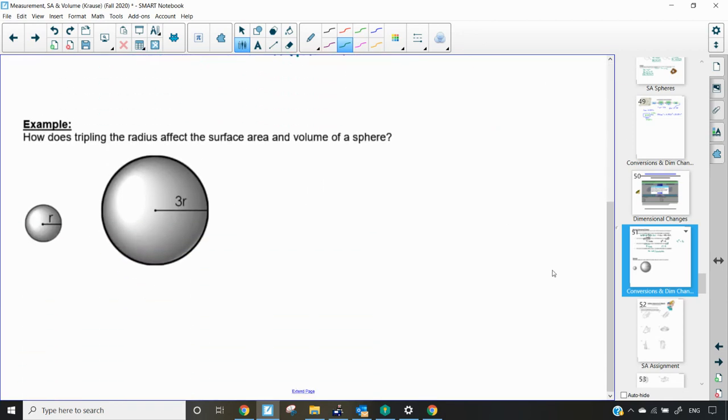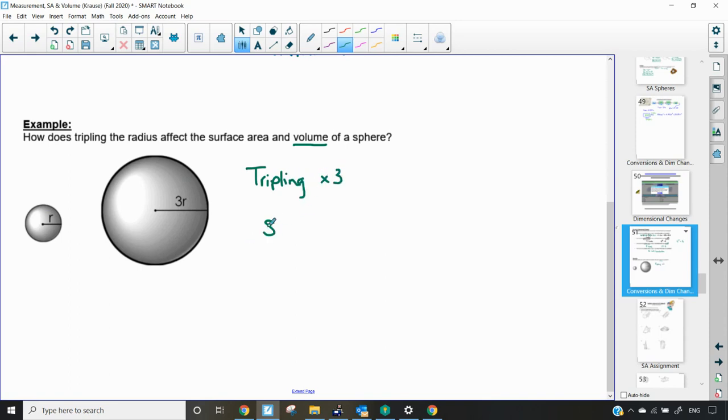All right, so one last example here. We're asked, how does tripling the radius affect the surface area and volume of a sphere? Now, we haven't got into volume yet, but I want you to use what we already know to predict what it might be. So when we're looking at surface area here, we have a radius of r and a radius of 3r. Tripling means that we're multiplying by 3.